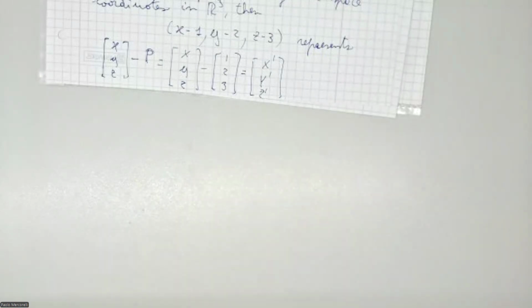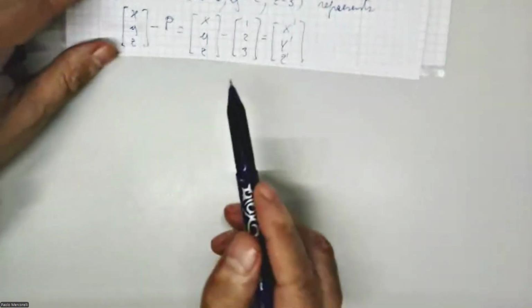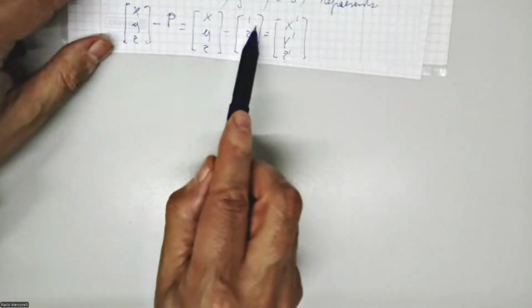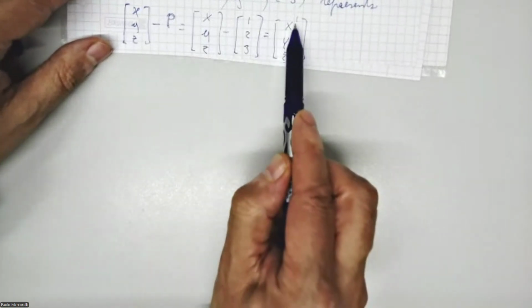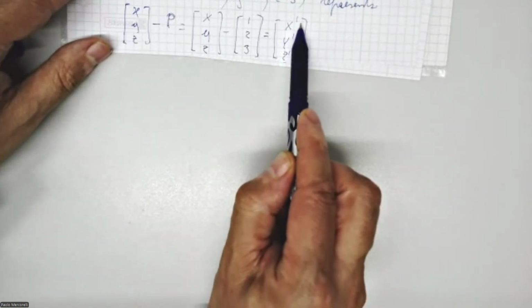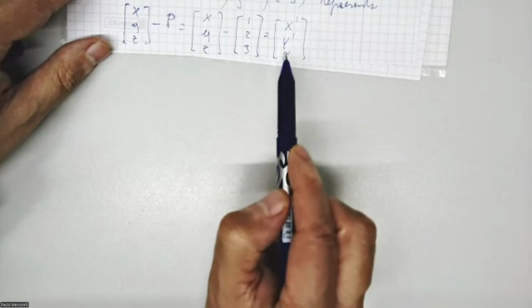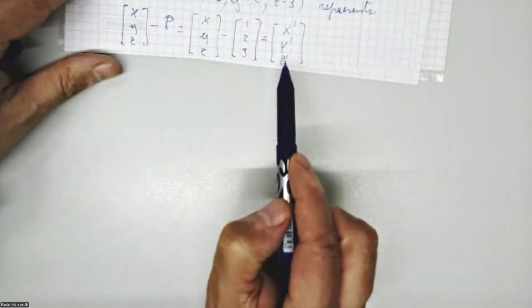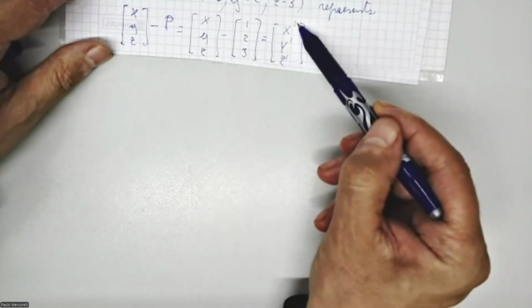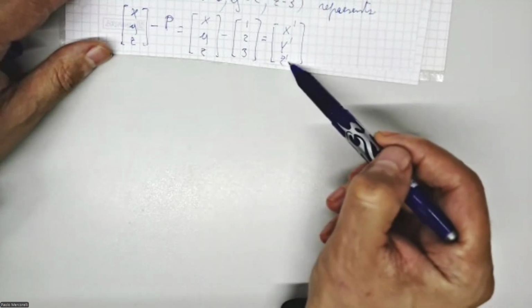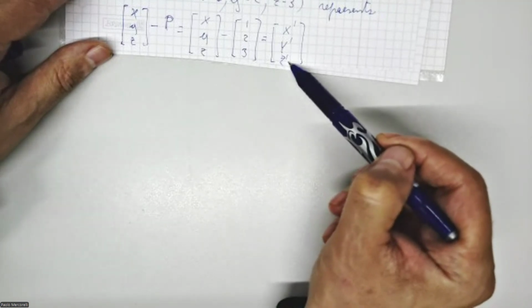Now it's ready. Because my system includes 1, 2, 3, this means 1, 2, 3 belongs to this system here. X apostrophe, Y apostrophe, Z apostrophe must be orthogonal. I mean, the new system includes my point.